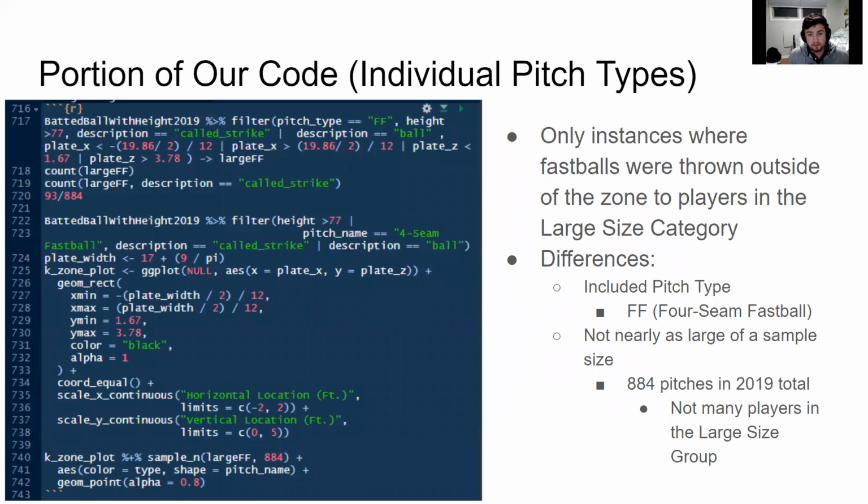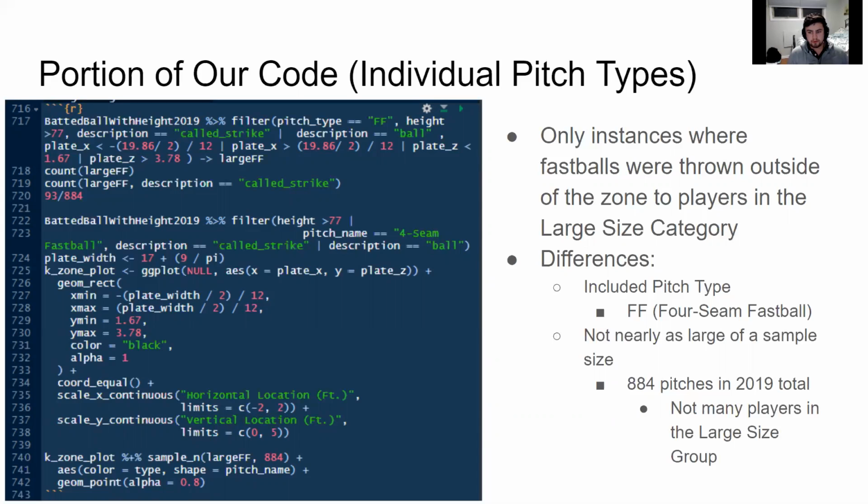And here's a portion of our code for individual pitch types. It's very similar, except in the first line, line 717, we see the pitch type is equal to FF. FF stands for four-seam fastball from Baseball Savant's database. So this is specifically looking for every pitch in the large height group because we see the height is greater than 77 inches.